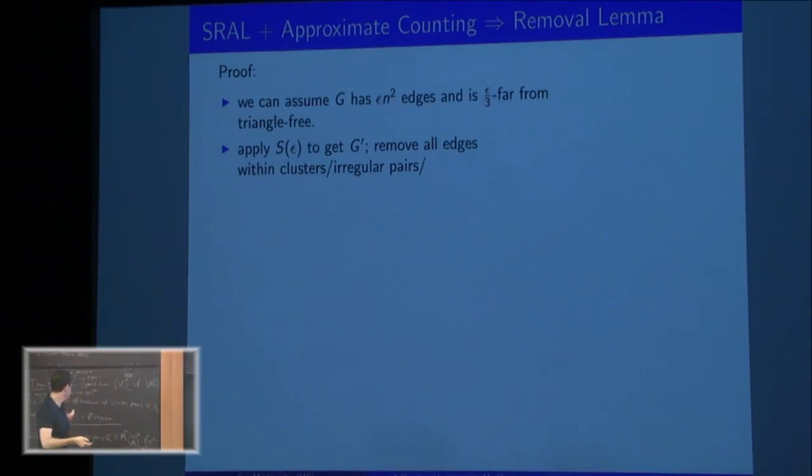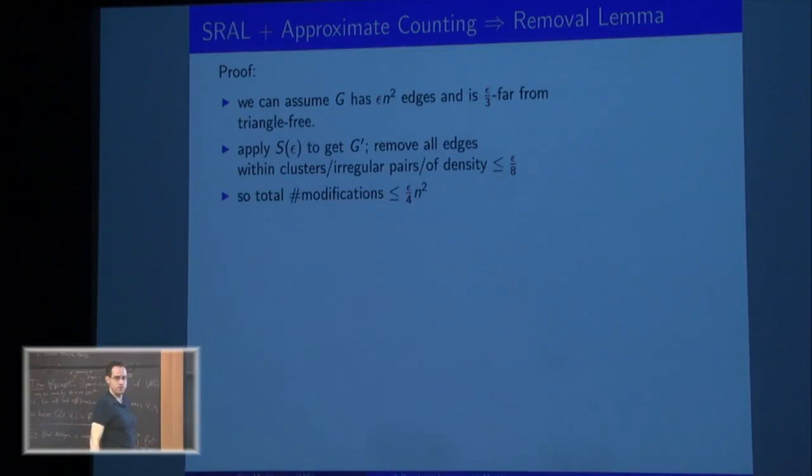Or as we said before, you can actually assume there are none. And importantly, we are going to remove all edges in bipartite graphs between Vi and Vj whose density is smaller than some fraction of epsilon.